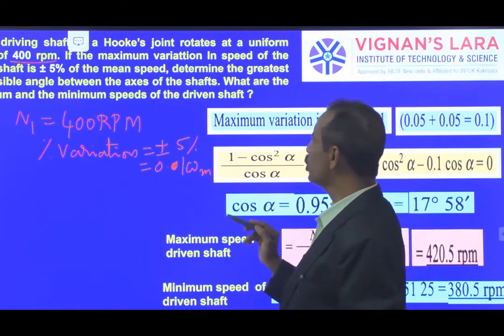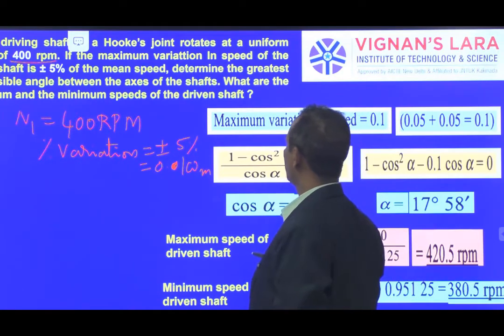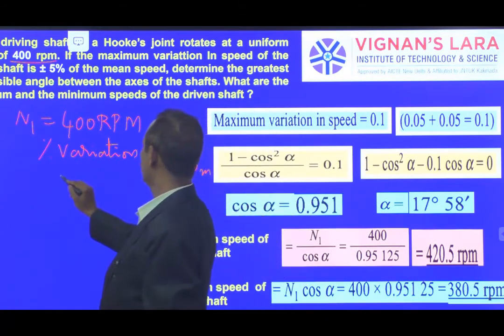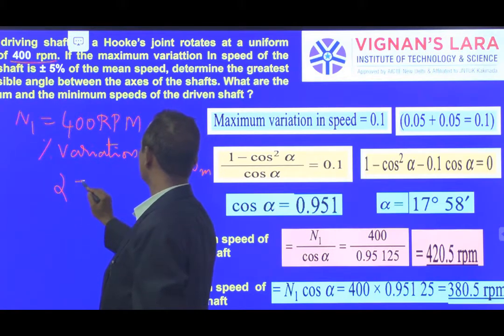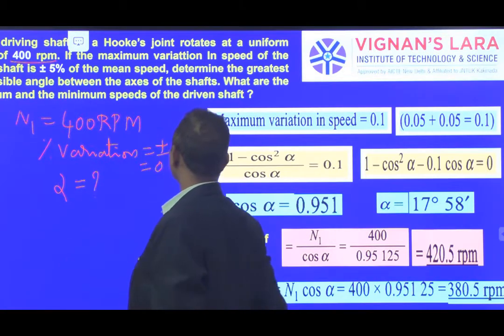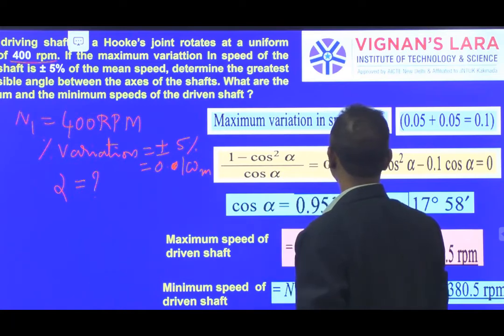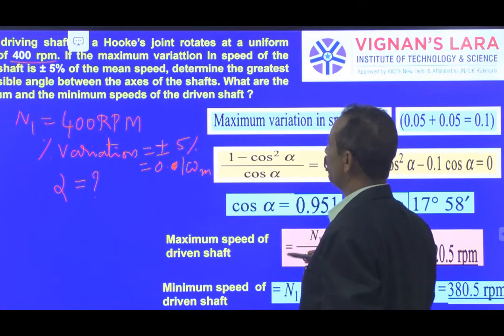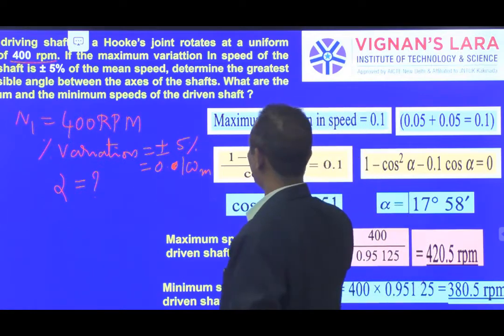Determine the greatest permissible angle between the axes of the shafts. So alpha is to be evaluated, isn't it? Then what are the maximum and minimum speeds of the driven shaft?